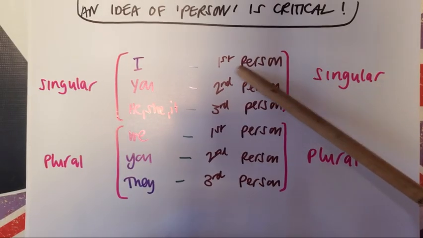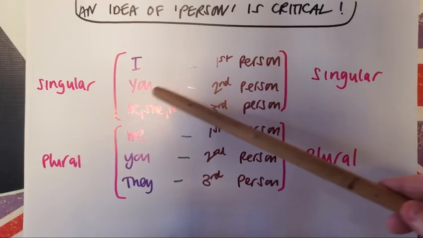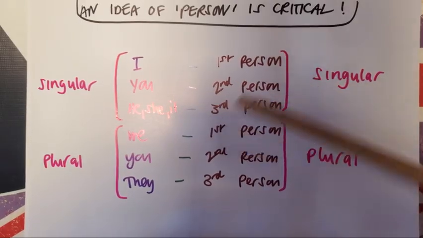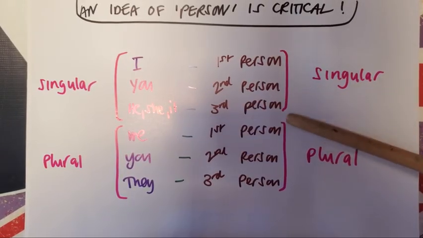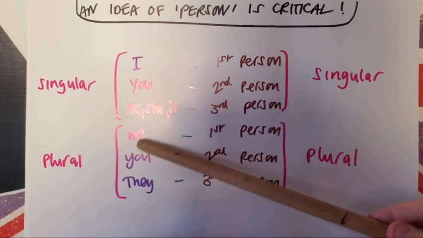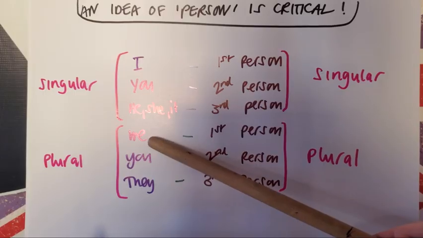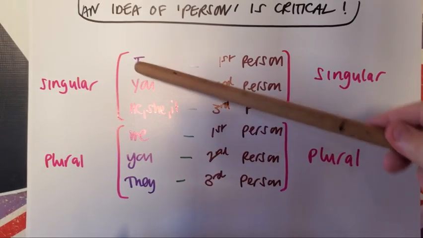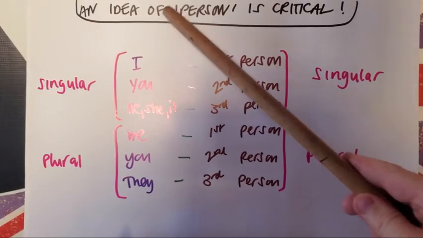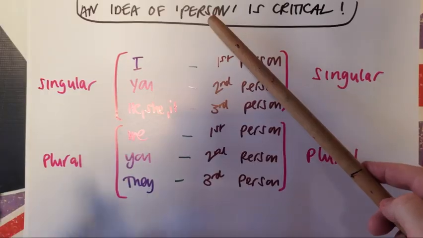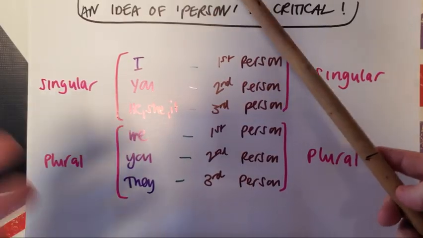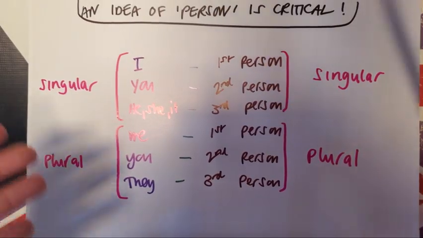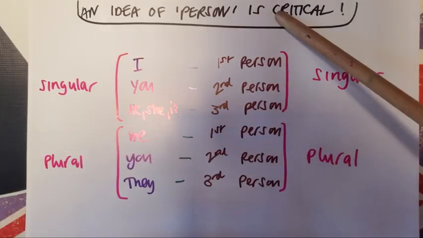So this is the singular group, this is the plural group. We, you all, and they, it's called the plural part, and this is called the singular part. In grammar they call it the person, okay? Just a term. Person refers to I, you, he, she, we, they. It's critical.